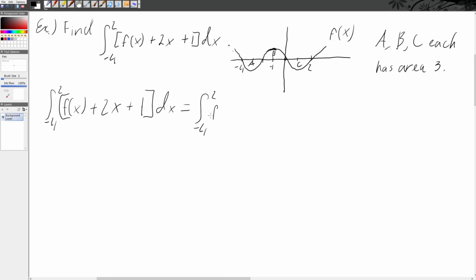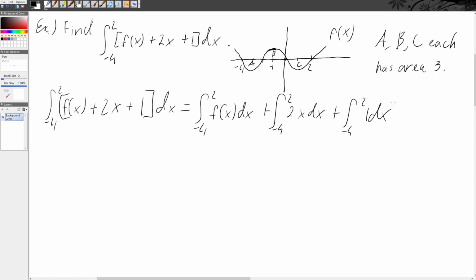Meaning we split this integral into the integral of f of x dx plus the integral from -4 to 2 of 2x dx plus the integral from -4 to 2 of 1 dx.